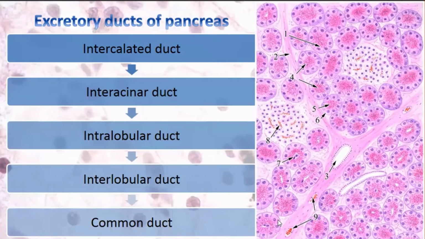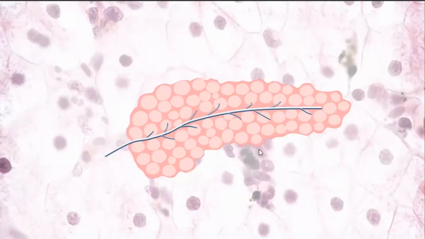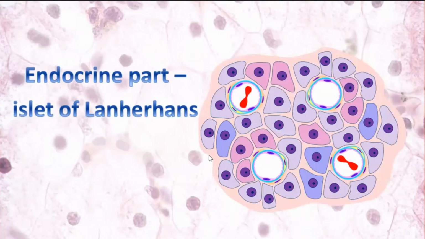We have intercalated interacinar intralobular ducts, which are located inside the lobules, and there are interlobular ducts which collect secretory products from some lobules, which are located between the lobules, and they form common duct, which collects all enzymes from pancreas, and it's opened in the duodenum. And here we can see common duct, and it collects all secretory products from pancreas.